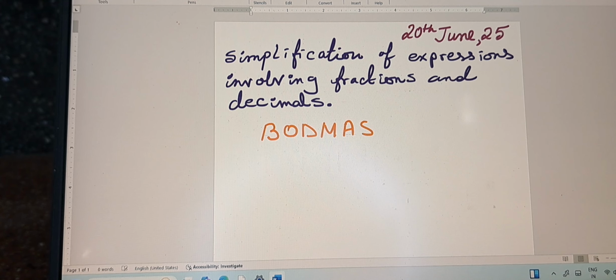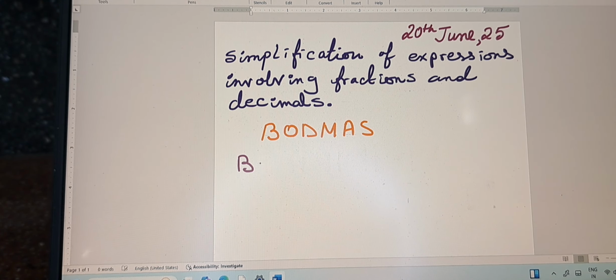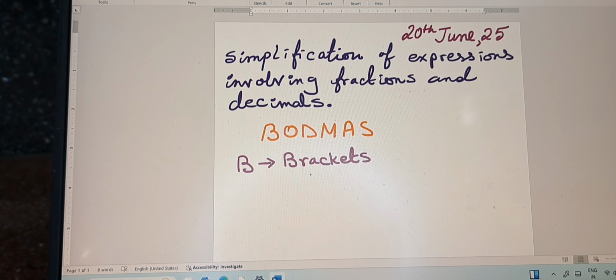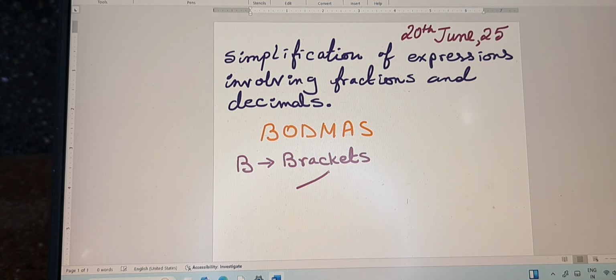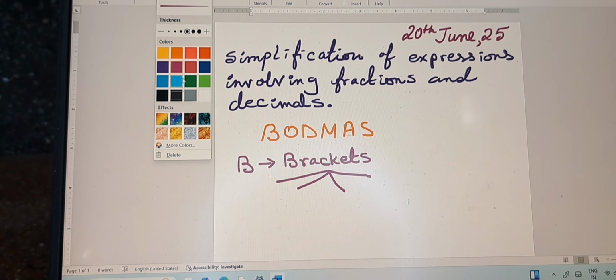So here, students, B stands for bracket. Now there are four types of brackets which we have to use while solving simplification of expressions involving fractions and decimal.